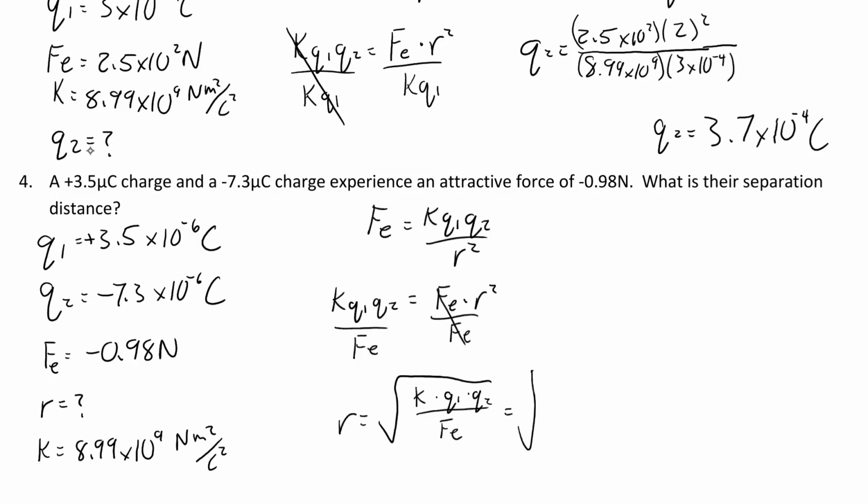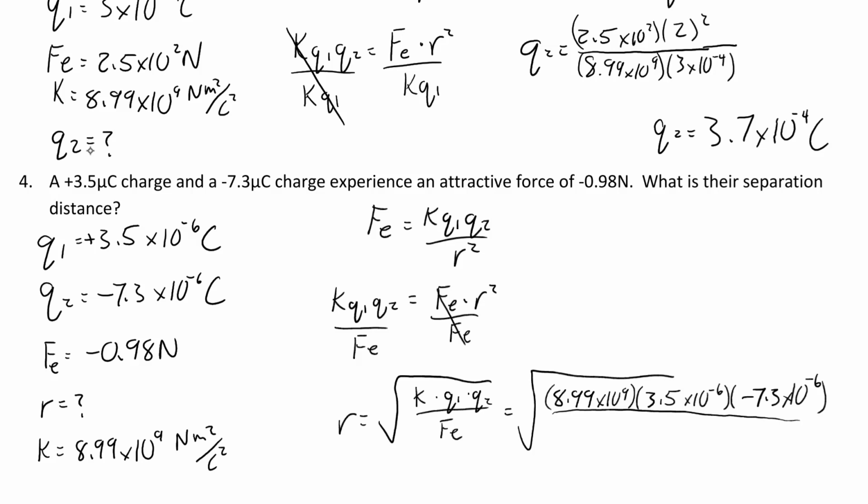So now we can plug in our values: 8.99 times 10 to the 9 times 3.5 times 10 to the negative 6 times negative 7.3 times 10 to the negative 6, divided by the electrostatic force, negative 0.98.